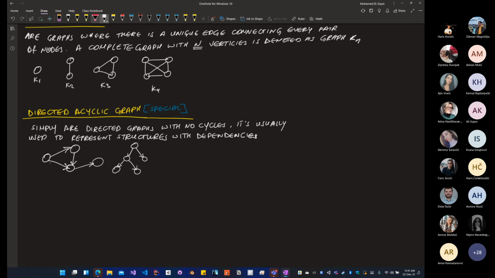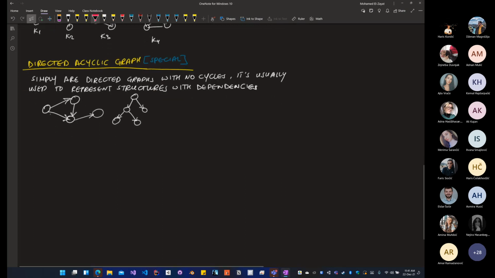Okay, which brings us to the next special case of a graph, which is trees. Trees are actually a special case of graphs. So let me write this down here, and let me put this annotation as well.